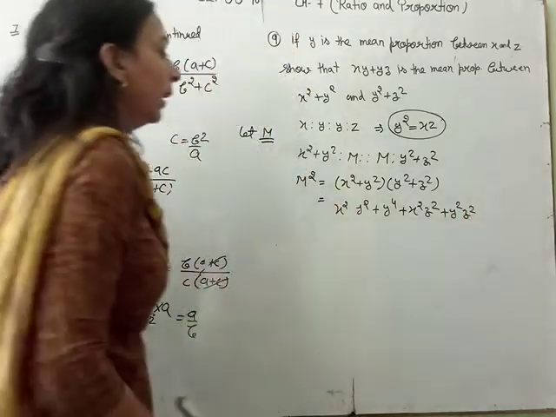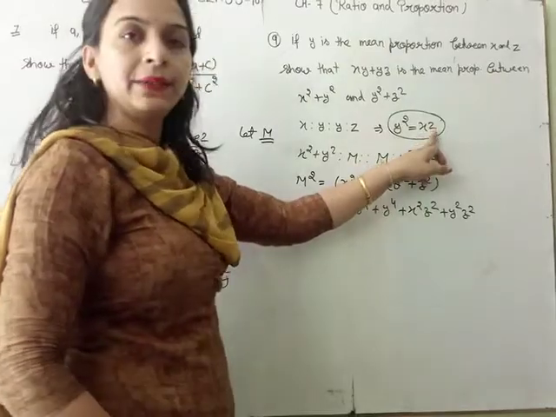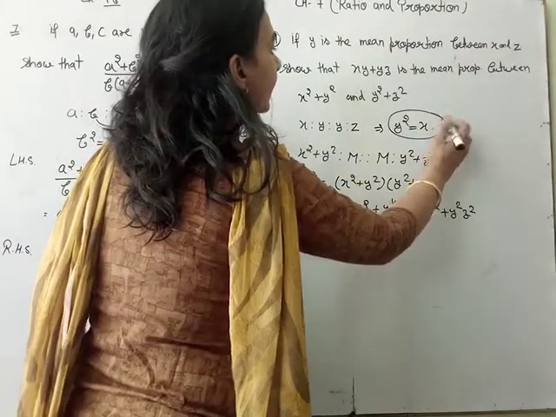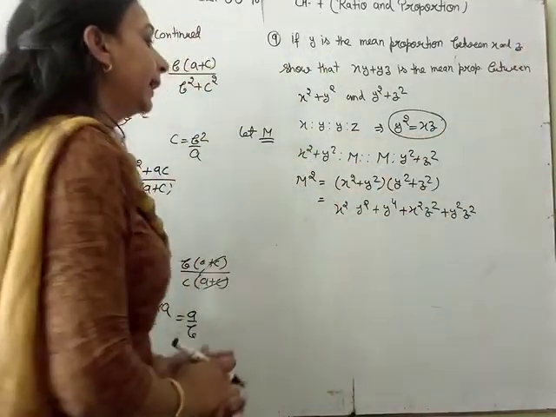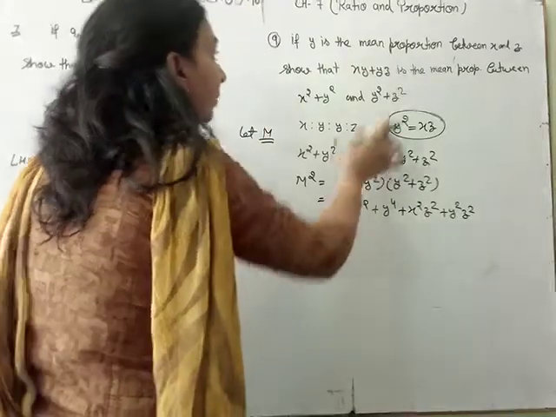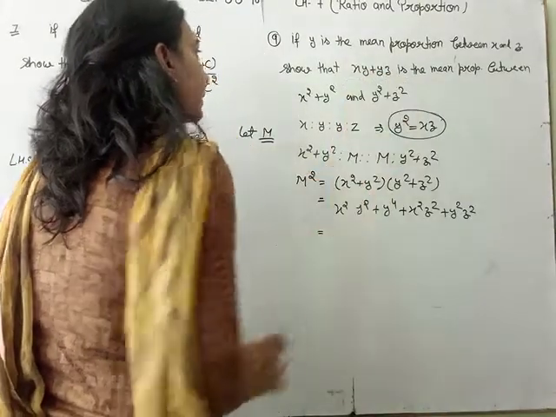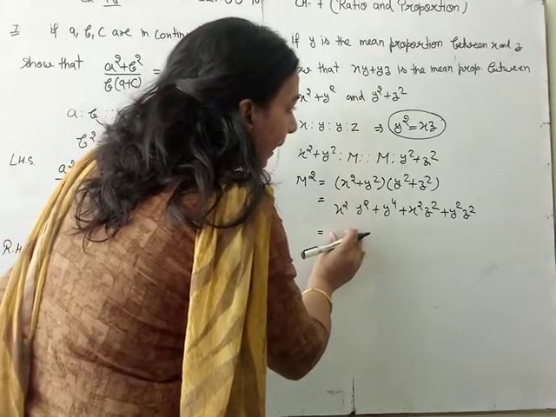Okay, student. Next, we have y square equal to xz. Y square equal to xz. Then we also write this y square equal to xz, and we find the complete value of xy plus yz.